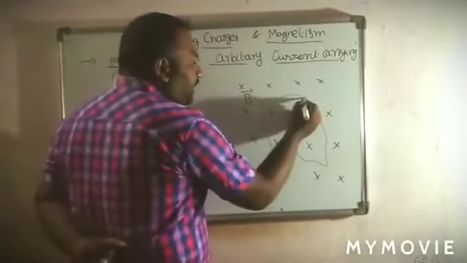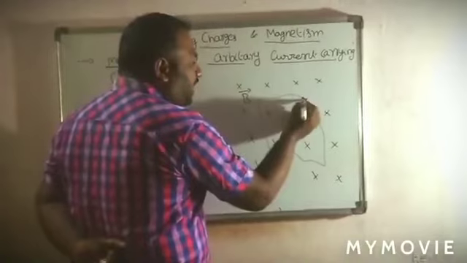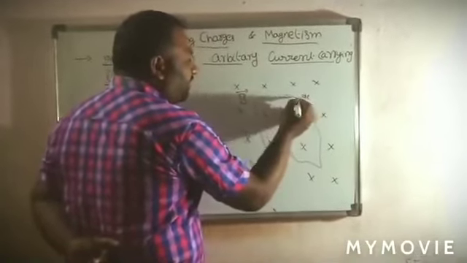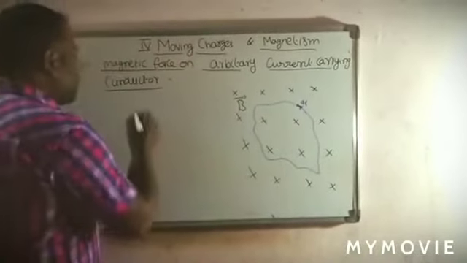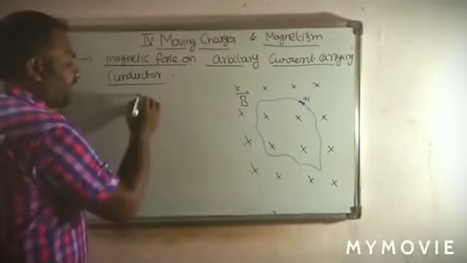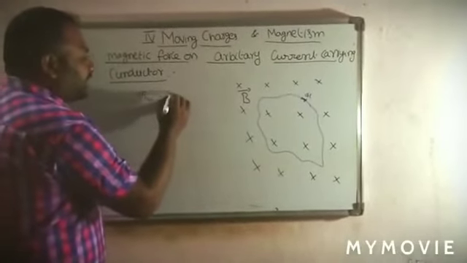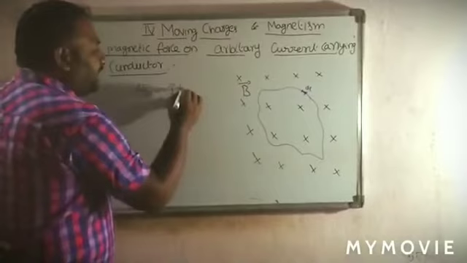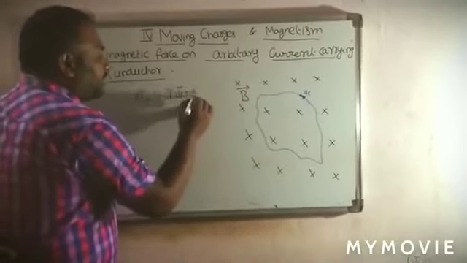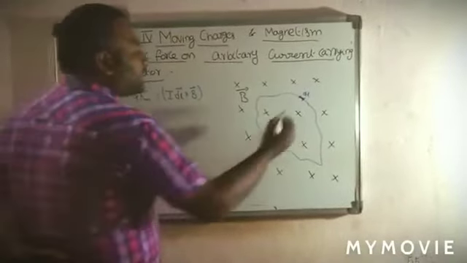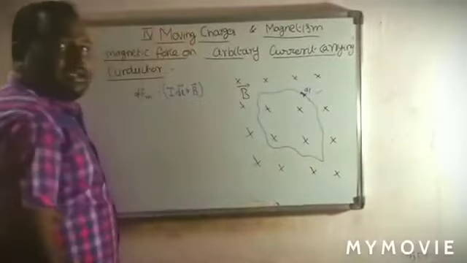In this I am going to consider a small current element. This element length can be taken as dl. So the force acting on that small current element is nothing but I dl bar cross B bar. This is the magnetic force acting on this small current element.